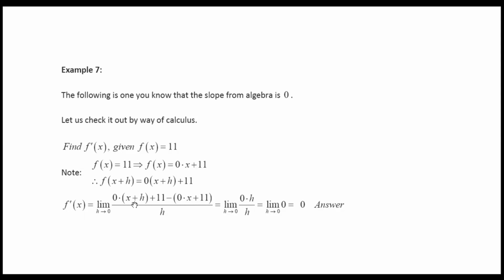Now, if you'll notice, this will be 0, and this will be minus 11, and we're left with nothing but the 0. And of course, the limit of 0 is 0. So we know the slope of a horizontal line is 0, but calculus shows us that it is as well.